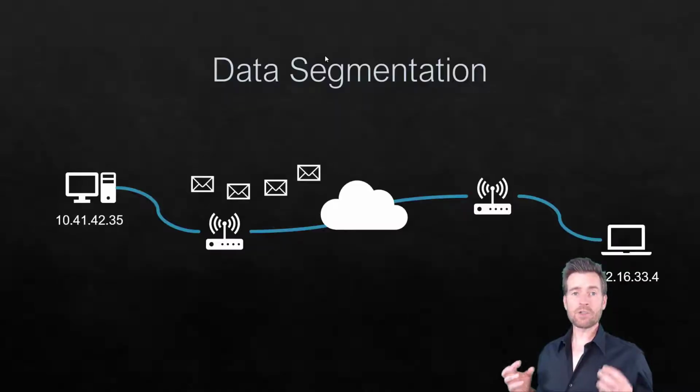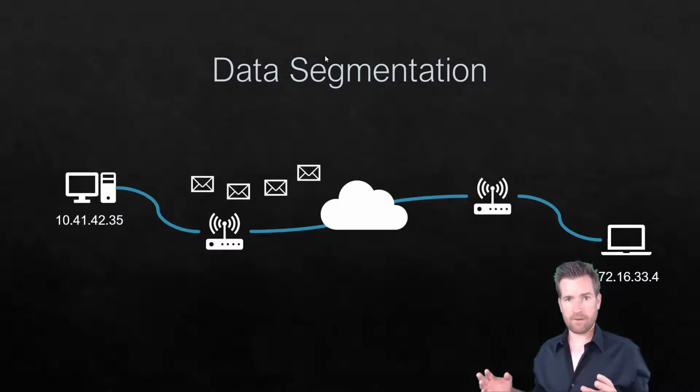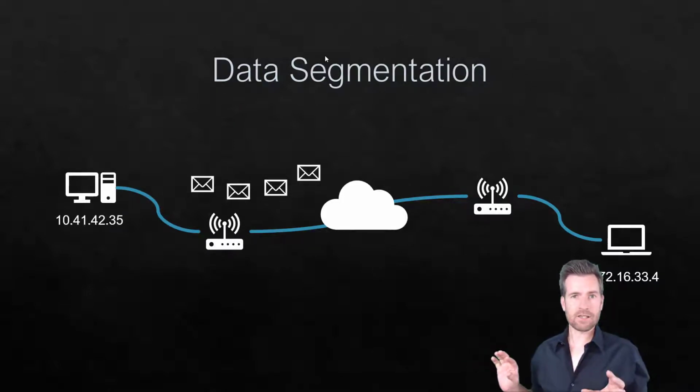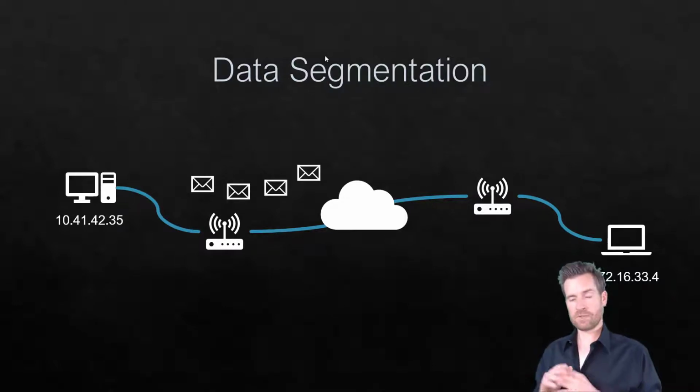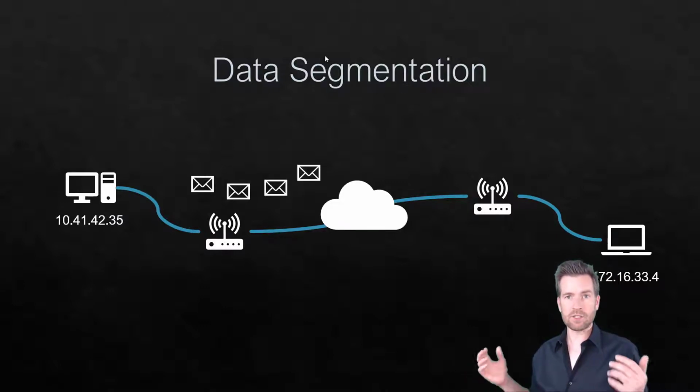Now let's say you go to the internet and you download a 5 gigabyte file. If that 5 gigabyte file was all one stream of data, then no one else could communicate while you were downloading it. That file could download in a matter of minutes, or it could take hours, and during that time no one else could communicate.